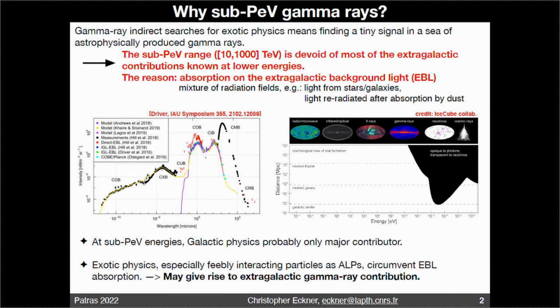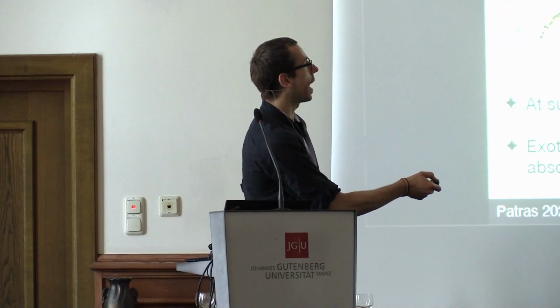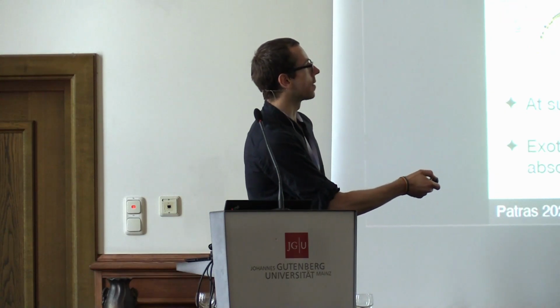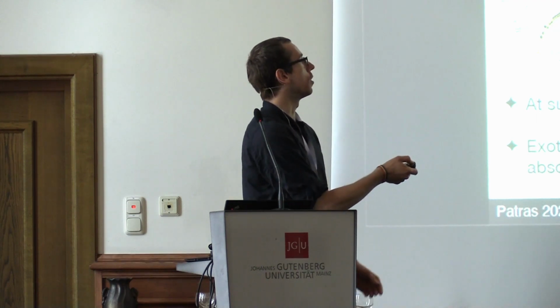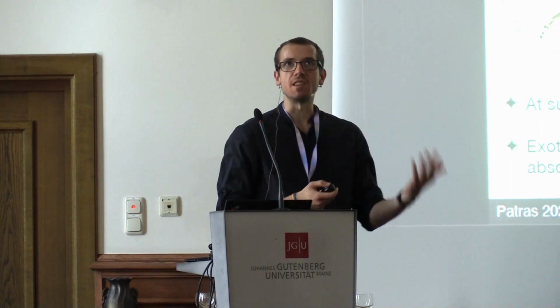And if you now look at the path that a gamma ray might travel with a certain energy, you see that at 1 PeV, you are limited to gamma rays that can at most come from the galactic center. If you go to smaller energies, those gamma rays might come from the closest galaxies, or you could go to the closest blazars at about 10 TeV.